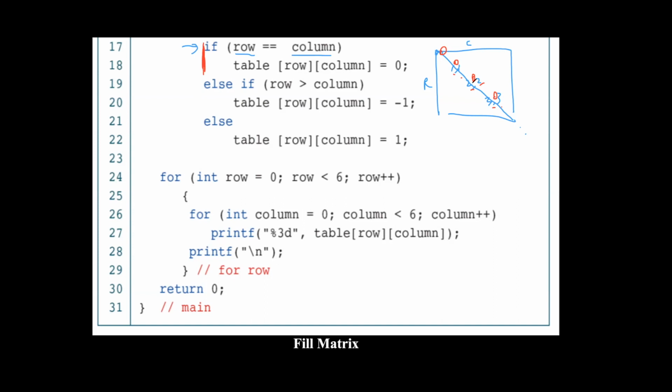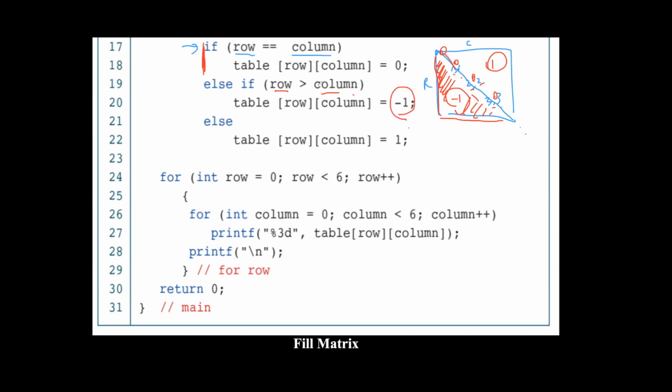The second one is, remember, everything above the diagonal needs to have a value of 1, and everything beneath it a value of -1. So the way you do that is if row is greater than column. Every time you have a row number greater than the column, they fill this whole area underneath the diagonal line, on the bottom. So this entire triangle would have a value of -1.